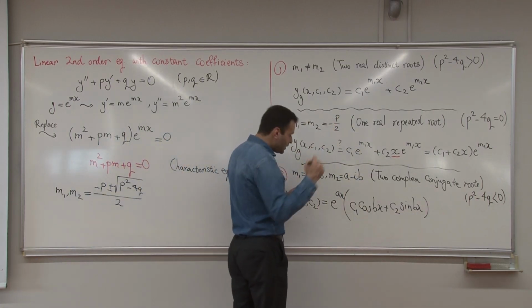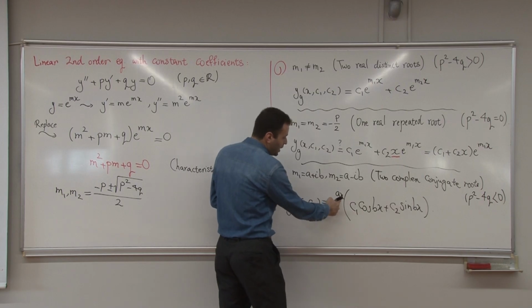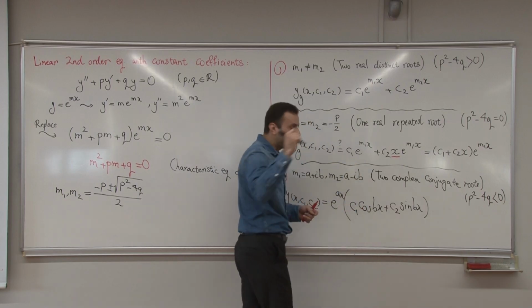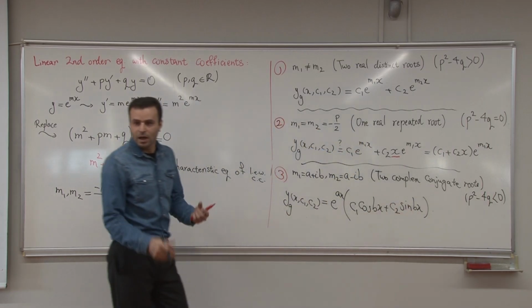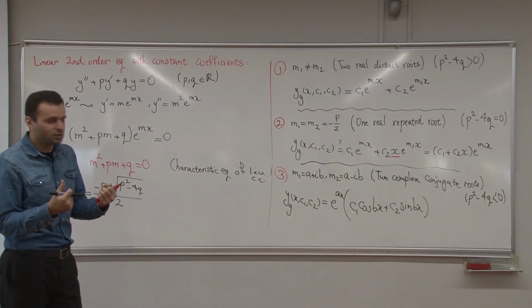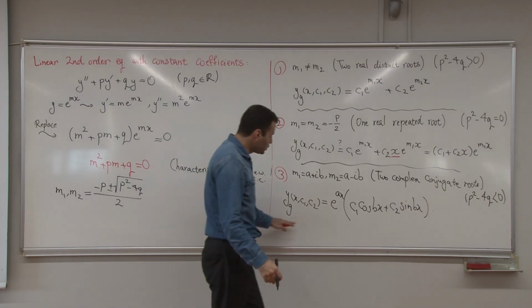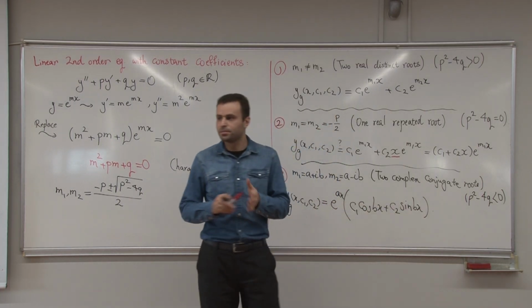Actually, my y1 is e to the power of ax cosine of bx. My y2 is e to the power of ax sine of bx. And since these two are linearly independent, I can write the general solution as the linear combination of these two. Okay?